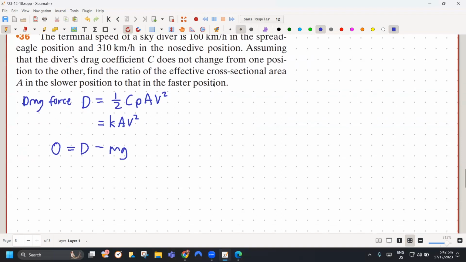What are we looking for? We're looking for the ratios of the areas. So 0 is equal to one half K A V squared minus mg.